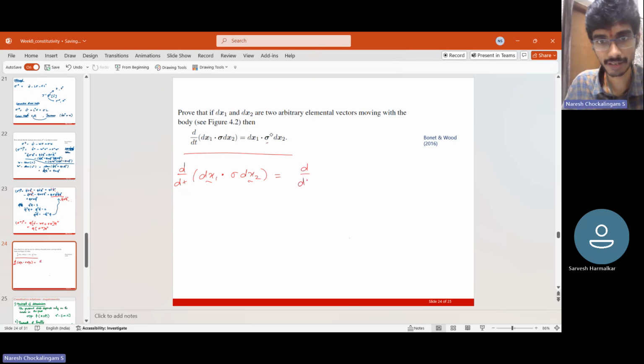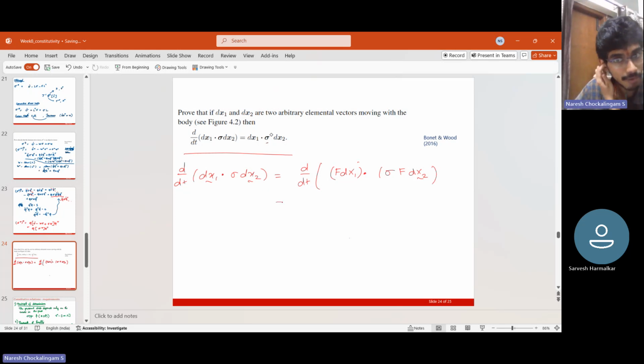Before the product rule, let us take it back to the reference. So this is F dX1 dot with sigma F dX2.